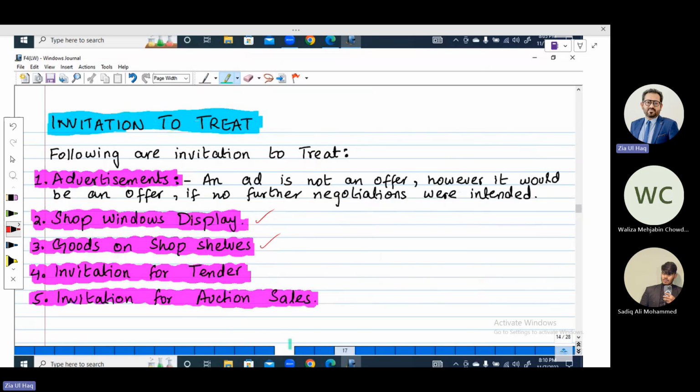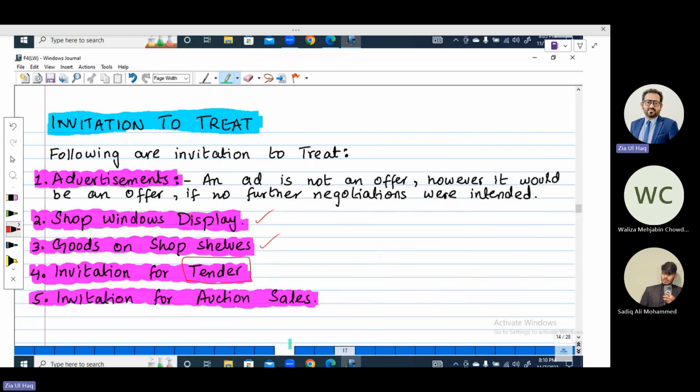Invitation for tender. What is tender? Tender is a process. Suppose one company wants to buy certain products, like one business wants to buy 10 computers. So they will open a tender.